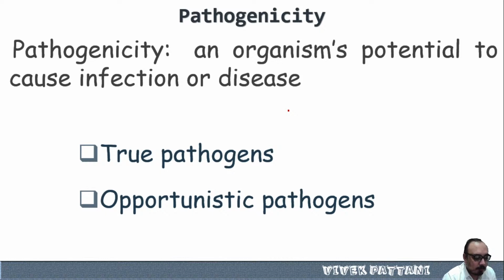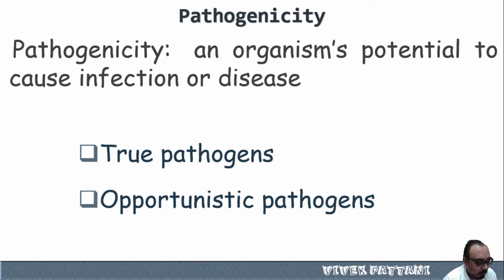An organism's potential to cause infection or a disease. There are basically two types of pathogens. One of them is true pathogens, and the other ones are opportunistic pathogens.